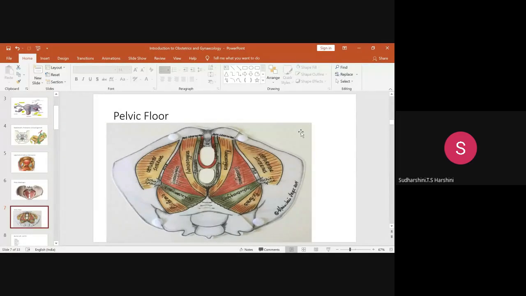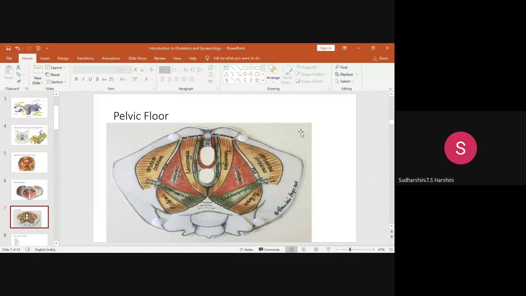Second stage means, you know, the first stage of labor is from onset of labor pains to full dilatation of the cervix. And the second stage of labor is from full dilatation of the cervix to the delivery of the baby. So when there is a prolonged second stage, that is when the mother starts to bear down prematurely.